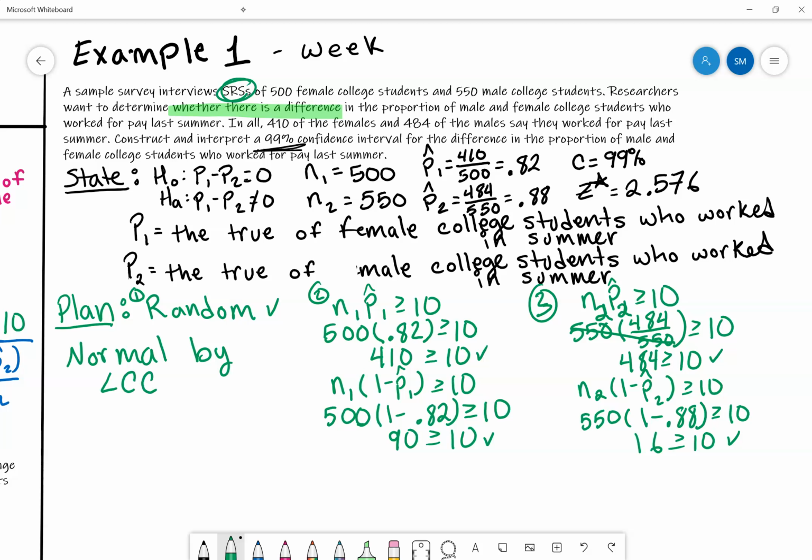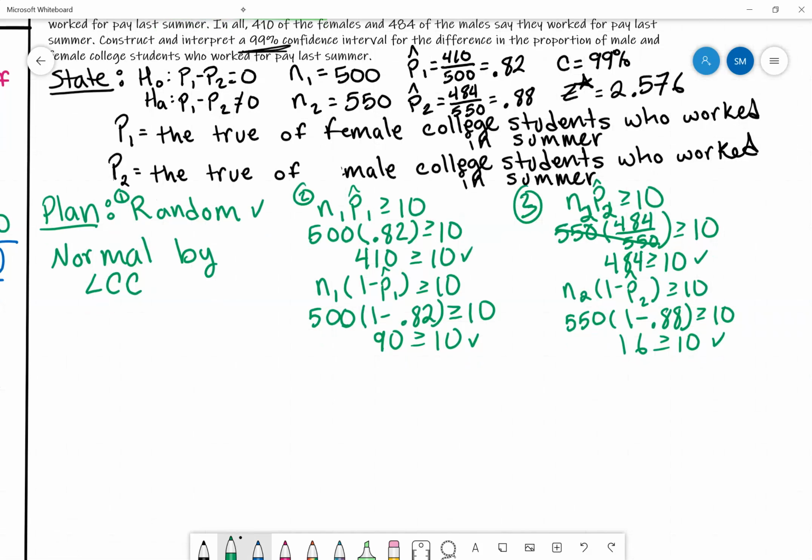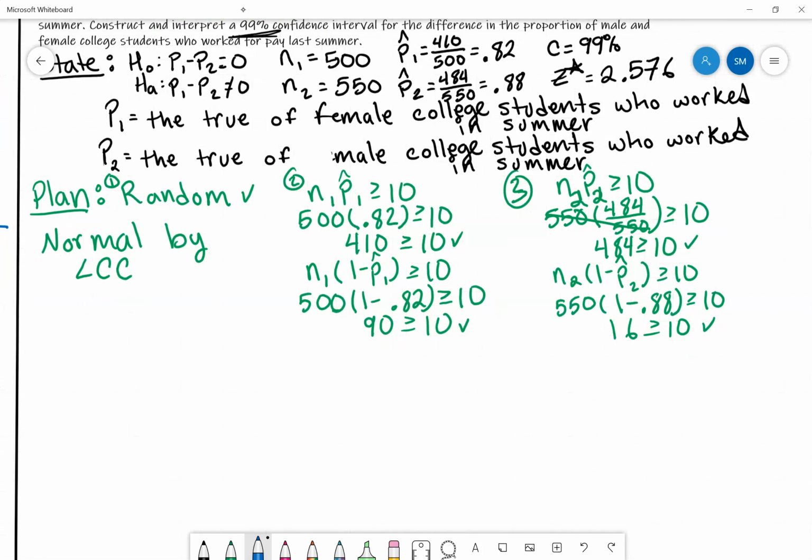Okay. So let's move on. Next we have the do section. So this is whenever we're going to plug everything into the formula.